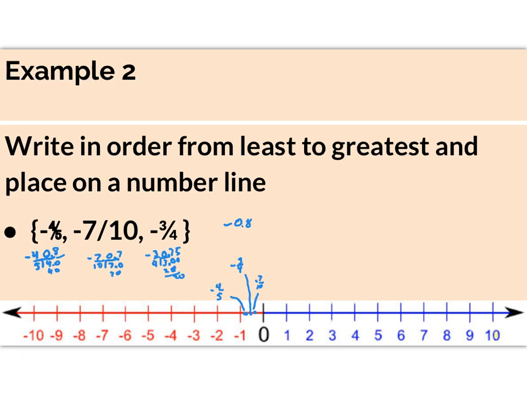So be careful with negatives. The bigger a number is that's negative, the further it is away from 0, and the smaller it is. So we've done that too. Okay, oops, sorry. Those are examples. Move on to the problems, and I will see you at the end of the video.